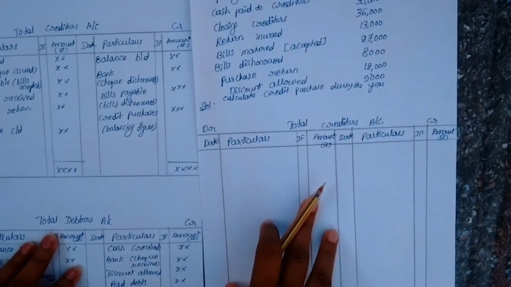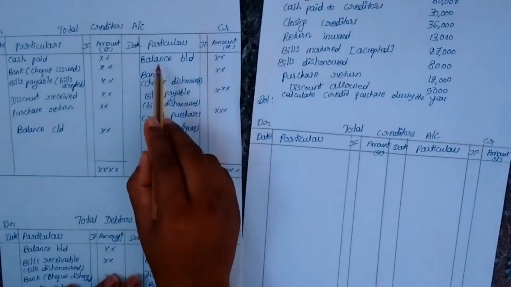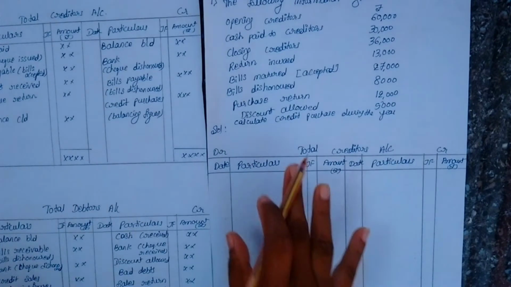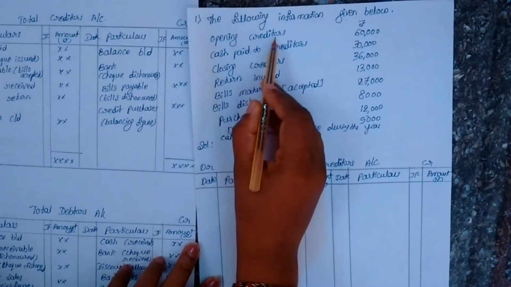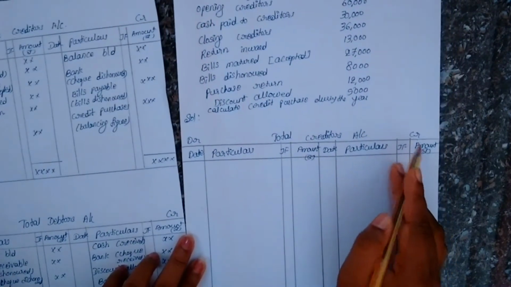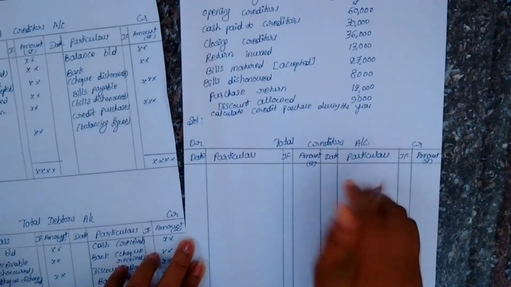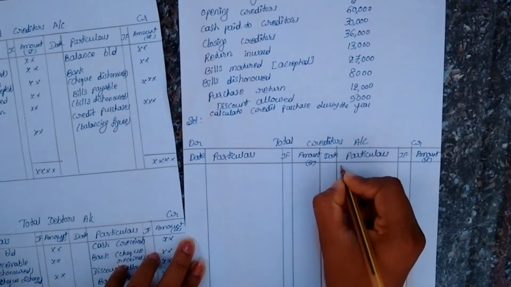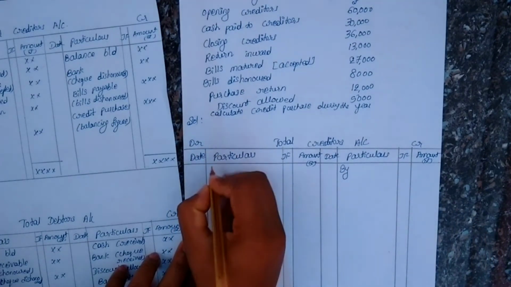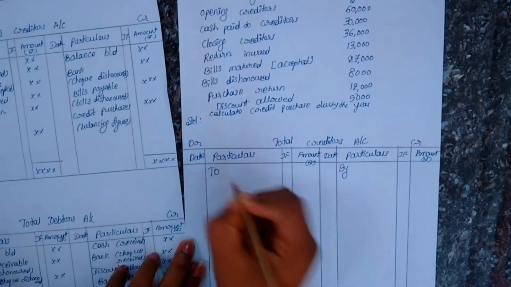First, based on this format, we have to write balance brought down, that is the balance at the beginning, right? Here, opening creditors, how much? 60,000. Therefore, in the credit side we are going to start with by, right? Always we have to write by. In the debit side we are going to write to.